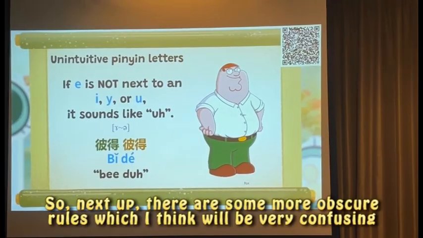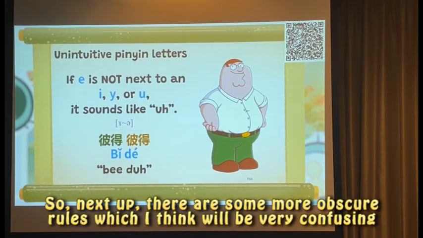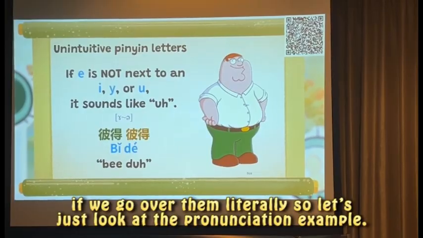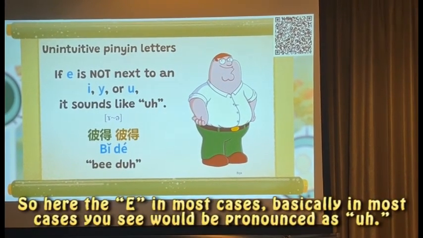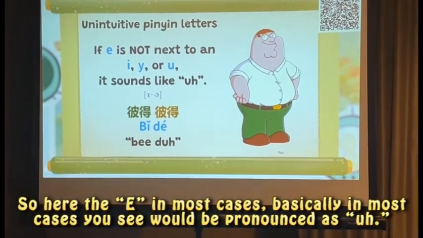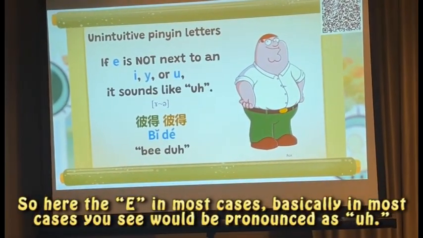Alright. So next up, there are some more obscure rules, which I think will be very confusing to you if we go over them literally. So let's just look at the pronunciation example. So here, the E, in most cases you see, would be pronounced as a.